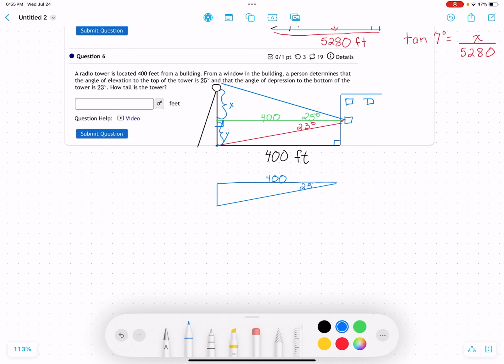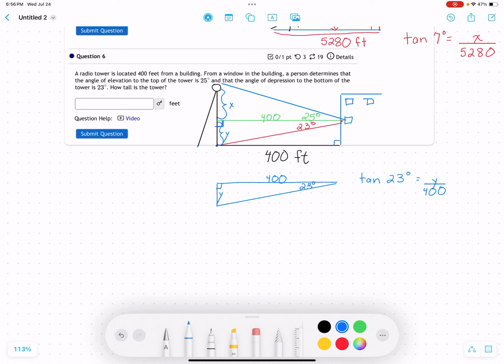So 23 degrees, I want this. I've called it y. What trig function am I using? You got it. I've got the opposite and the adjacent. I'm using the tangent of 23 degrees is the opposite leg over the adjacent leg, 400.